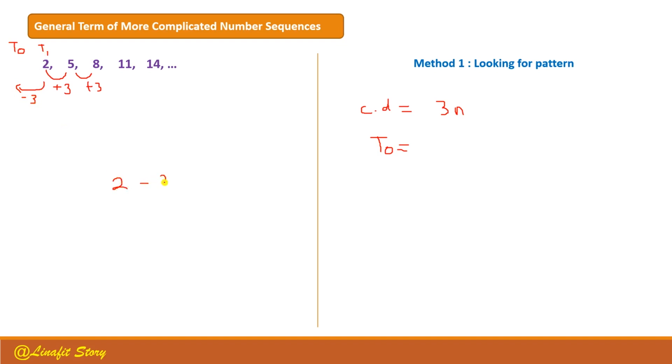The absolute value of positive 2 is 2. The absolute value of negative 3 is 3. Which one is greater? 3 is greater. So we copy its sign. The answer is negative. And then the difference between 2 and 3 is 1. So 2 minus 3 is equal to negative 1.